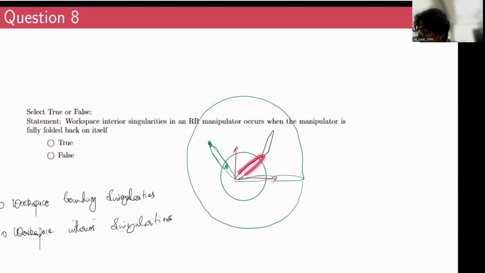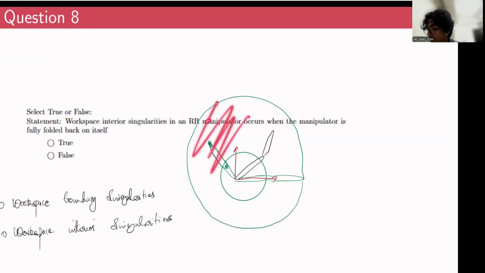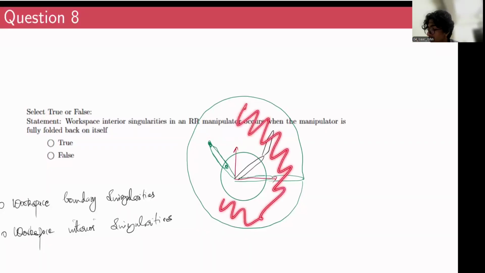But if both of these links are equal, there is no inner boundary; it can reach all the points inside this bigger circle. If the link lengths are different, there will be an outer boundary and an inner boundary. Boundary singularities occur when the robot tries to reach these positions. Anything inside, any singularities occurring within these two boundaries, are workspace interior singularities.